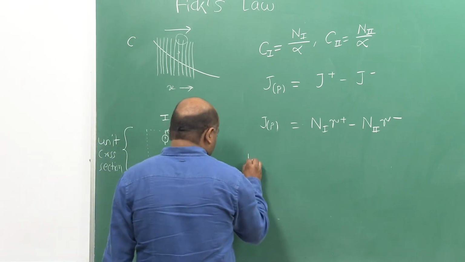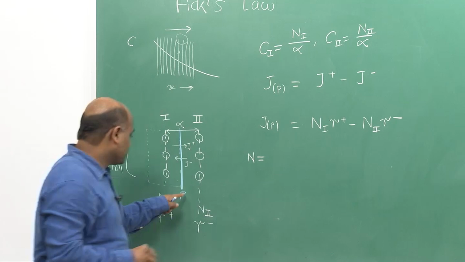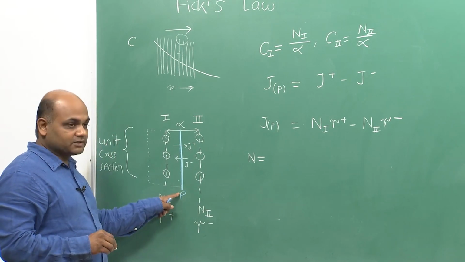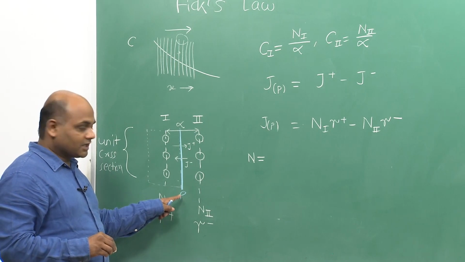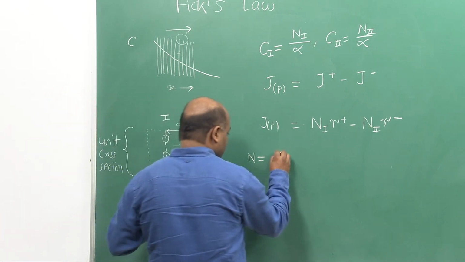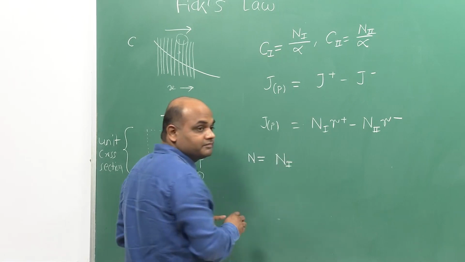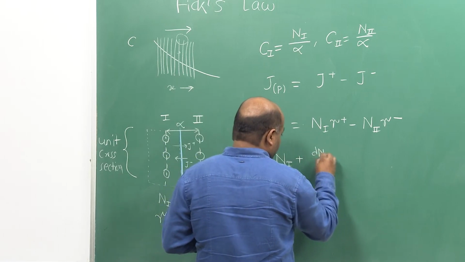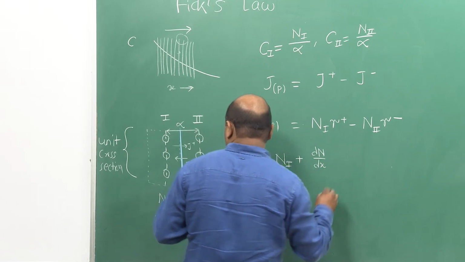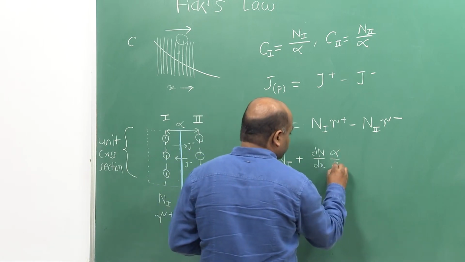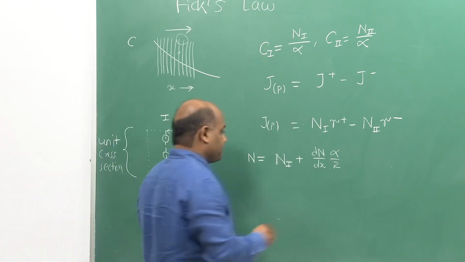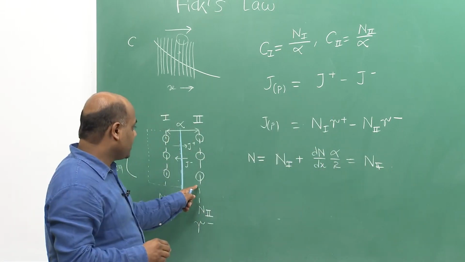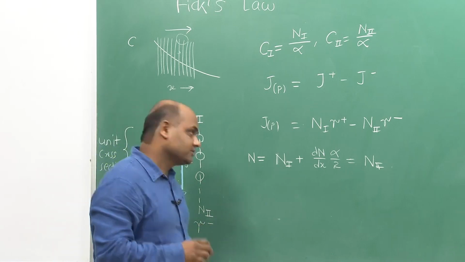So, if I take n as the number of atoms per unit area on plane P, in terms of the gradient and n 1 or n 2, we can express it as, let us try to express in terms of n 1, should be n 1 plus dn by dx times alpha by 2. Or in terms of n 2, this will be n 2 minus dn by dx alpha by 2.